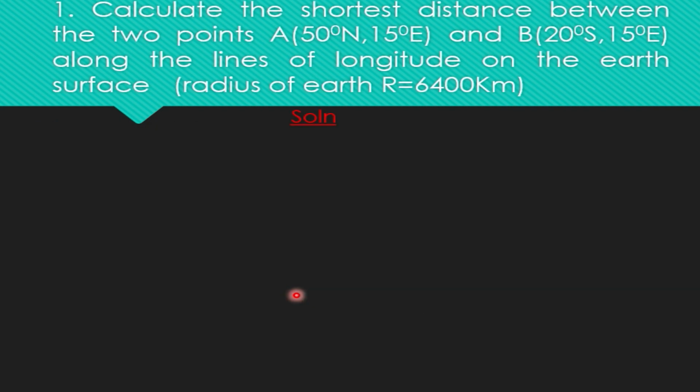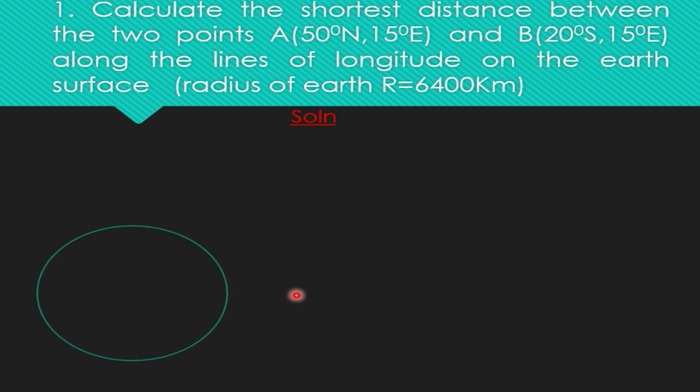Now we take an example. Let's calculate the shortest distance between the 2 points: A is 50 degrees north, 15 degrees east, and B is 20 degrees south, 15 degrees east.